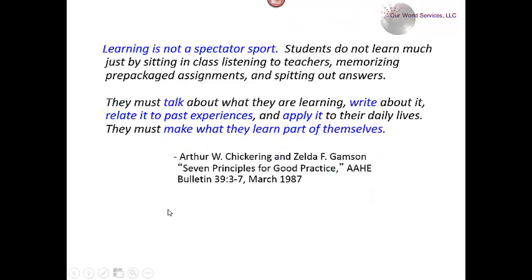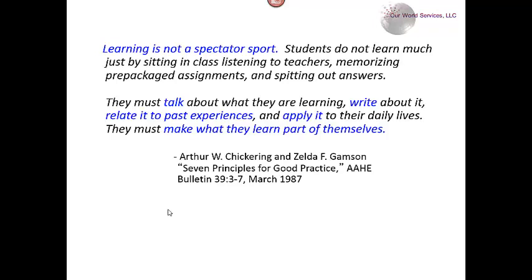Learning's not a spectator sport. Students do not learn just by sitting in class listening to teachers, memorizing prepackaged assignments and spitting out answers. This is a study that has been done in a number of places. What's really amazing is that in K through 12, we had No Child Left Behind, and now we have the Common Core curriculum, and it goes against every single good educational principle. Students must be able to talk about what they're learning.